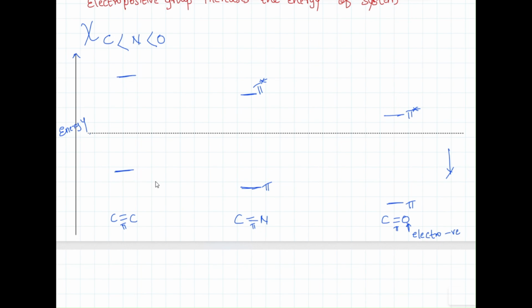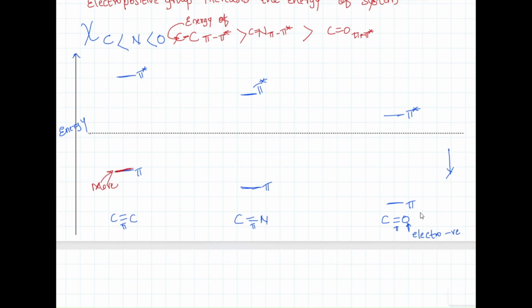That means the pi star energy of C=C is more than C=N and C=O, right?